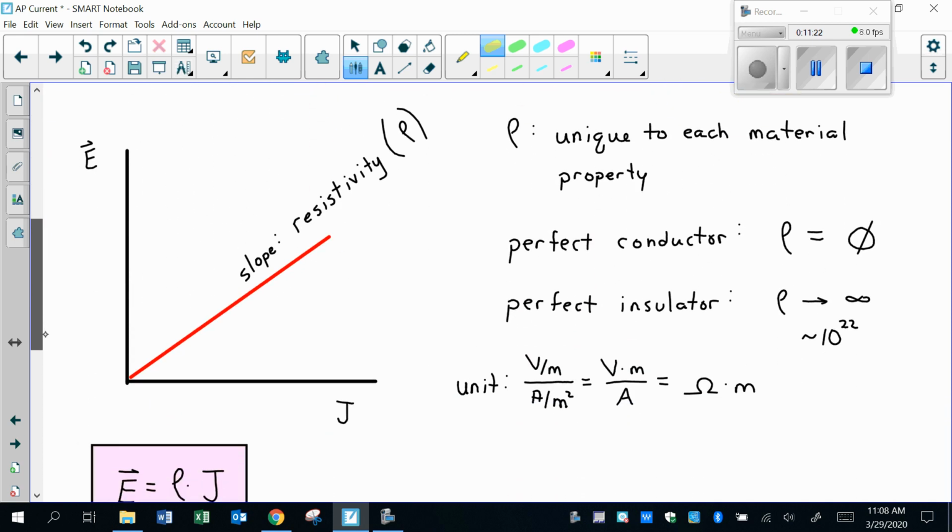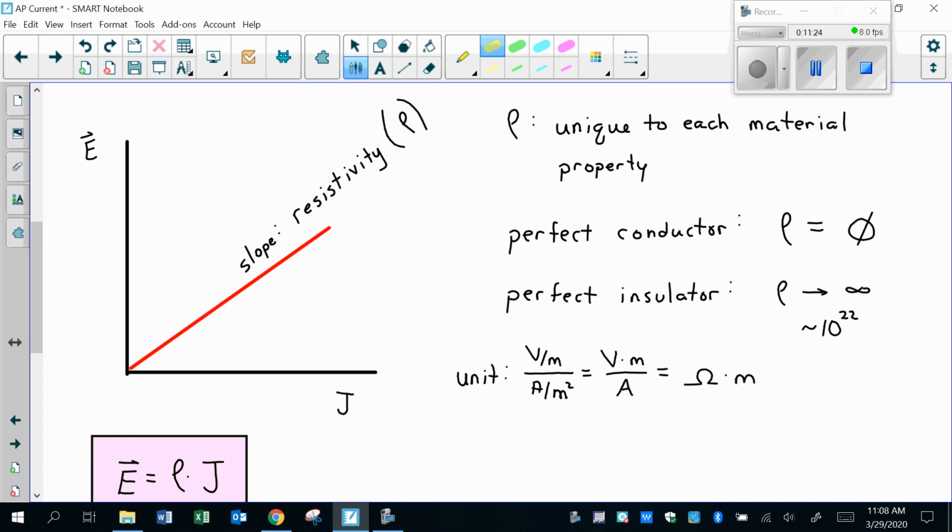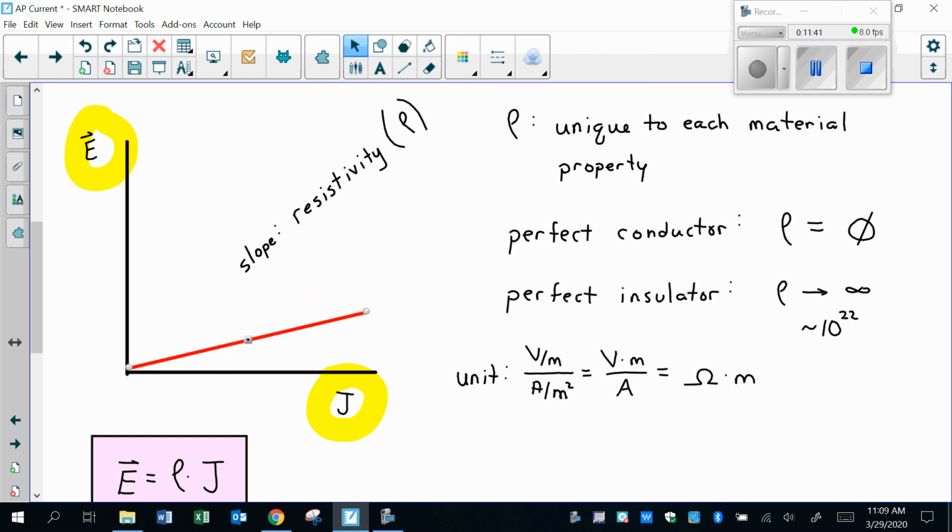Scrolling on down here, if we were to put these into a graph, and we wanted to graph the electric field versus our current density, we're going to get a nice straight line. And what I notice is if this line starts to get low, I end up with a very, very big current density.